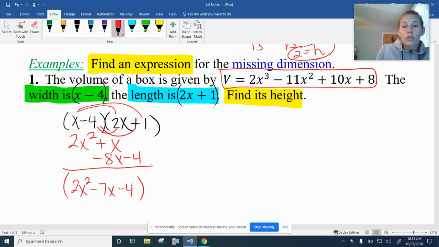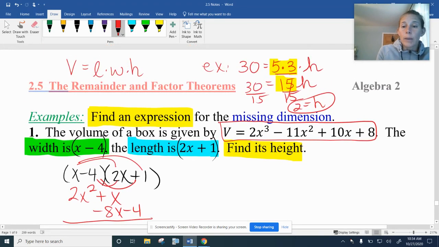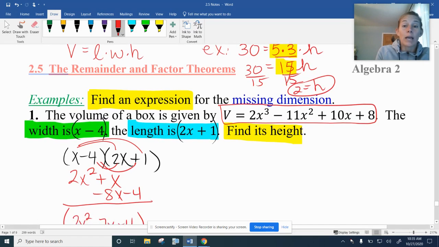Now, like I was showing you up here with just the regular numbers, after we multiplied together the 2 dimensions that we knew, we would take that product and divide it from the total volume to get the remaining factor. And that's what we're going to do here, except that we're going to have to use our polynomial long division.